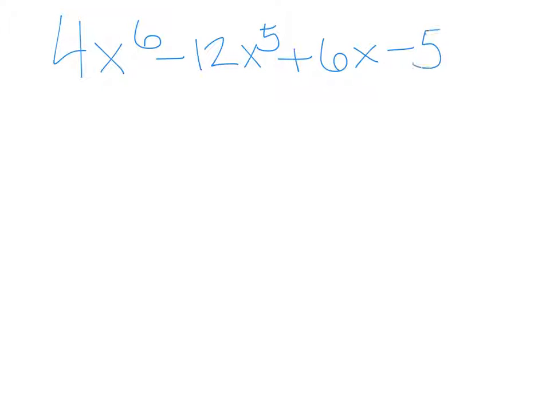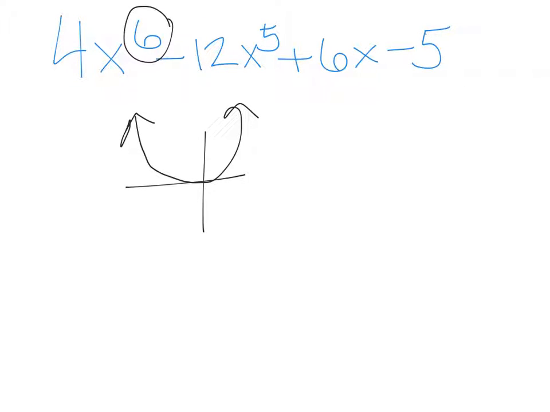On the other version, the 4x to the 6th minus 12x to the 5th plus 6x minus 5, your degree was 6. That's even. That means that both ends have to go in the same direction. My leading coefficient here is positive, so both of my ends are going to go up.